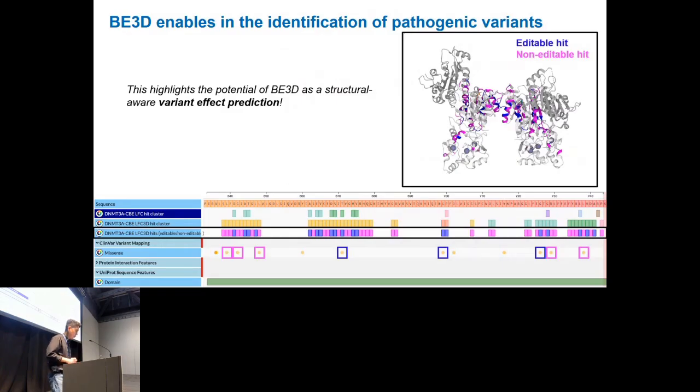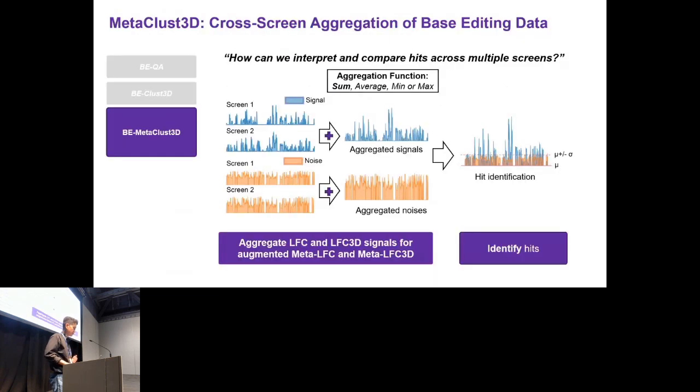Interestingly, when we align these hits with clinically verified pathogenic variants from the ClinVar database, we saw that those boxes are well aligned between hits and pathogenic variants. 60% of them come from regions not targetable by CBE editors. This signifies our pipeline can potentially be used for identifying pathogenic variants as well.